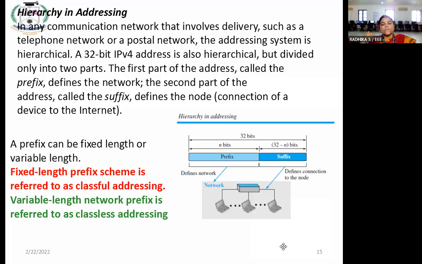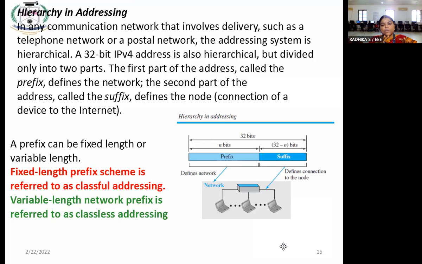Okay, so this IPv6 address, which is a 32-bit address, is also said to follow some hierarchy. It has two levels of hierarchy. The first part of the address, you always call it the prefix. It is used to define the network part. What is a network? An interconnection of different devices, isn't it?